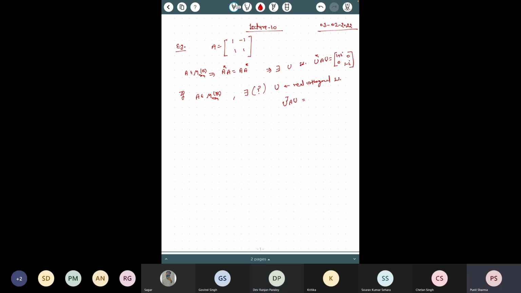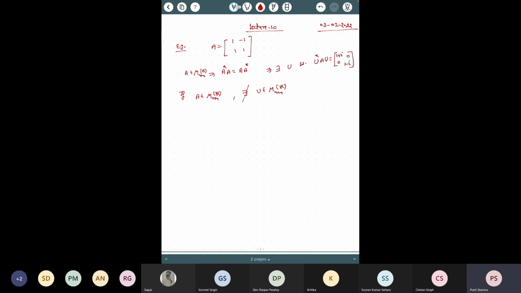If it is equal to a diagonal matrix, then this diagonal matrix is real and the diagonal entries are the eigenvalues, but this matrix doesn't have any real eigenvalue. So clearly, if you consider this matrix A over R, then you cannot say that there exists a real orthogonal matrix such that U transpose AU is diagonal. The answer is that there does not exist such a U.